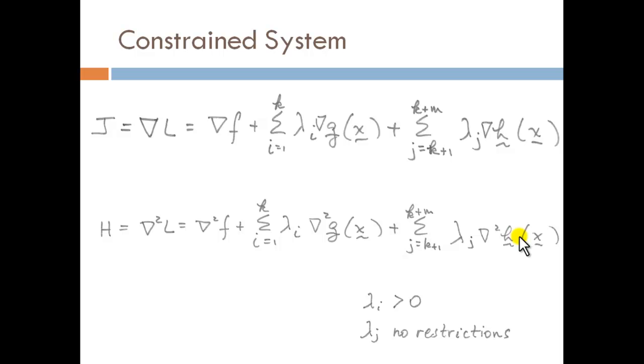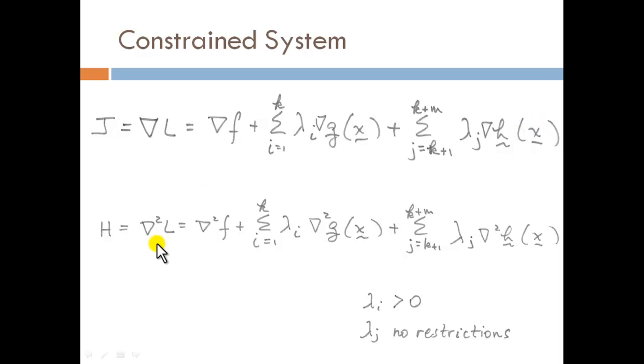If that's the equivalent function, then what's the equivalent first derivative, or the del of that function? We look at the gradient, del of f, plus the Lagrange multipliers multiplied by the gradients of the respective inequality constraints and then the equality constraints.